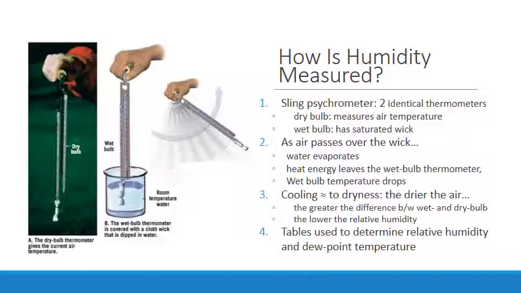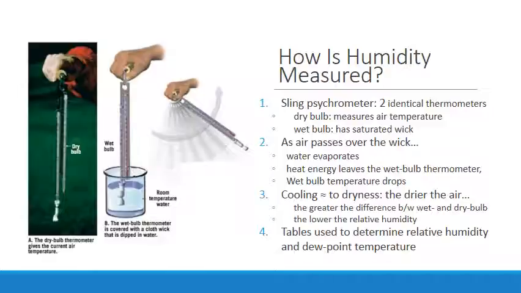So the drier the air, the greater the cooling, and therefore the larger the difference between the wet and dry bulb temperatures. So if you have a big difference between the two thermometers, you have a relatively low humidity. By contrast, if the air is perfectly saturated, you won't see any evaporation occur from the wet bulb, and the two thermometers will have an identical reading.